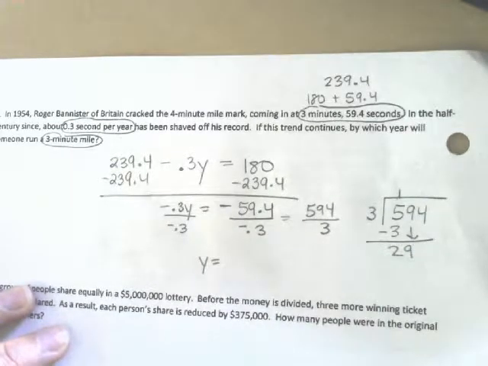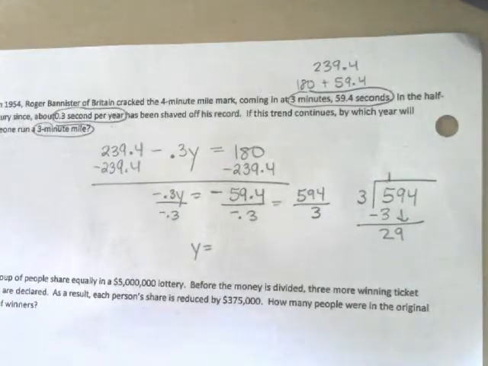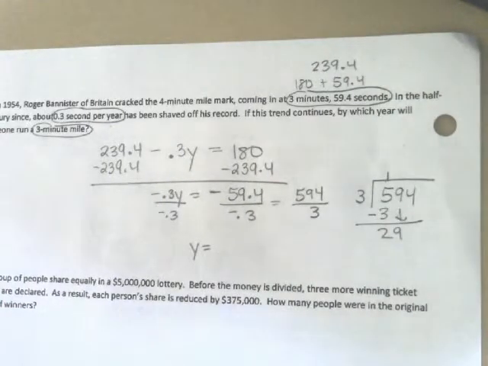Should the 180 minus 239.4 be 59.6? Yeah. 180 to 240 is 60. No, it's negative 59.4. Yep.